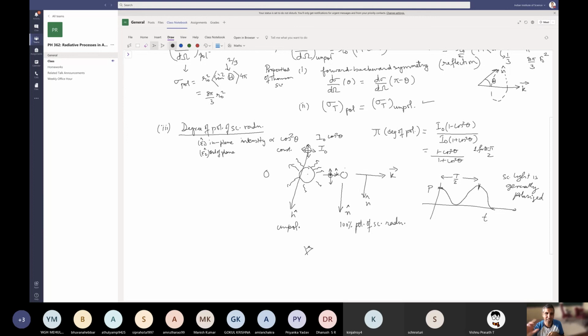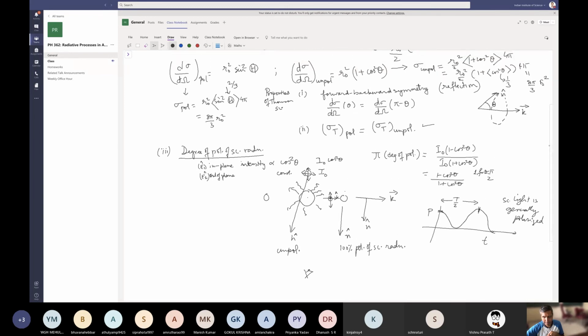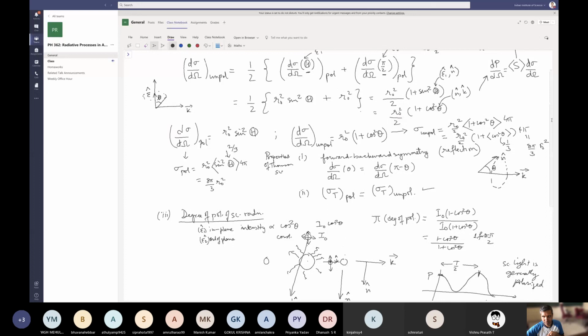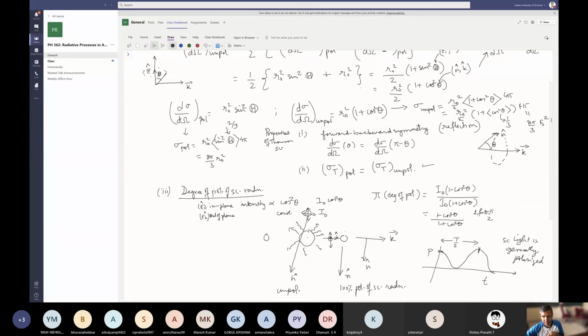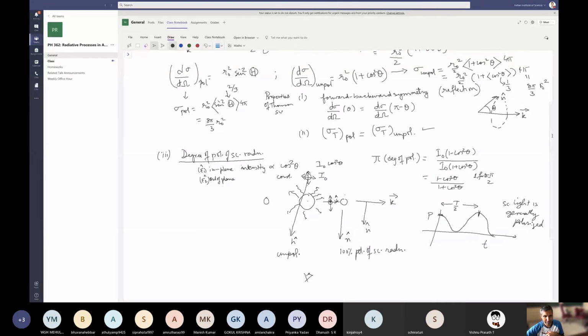It's because of the fact that the radiation due to acceleration along the line of sight is not seen. Is this clear? Scattering is actually a very, very important observational diagnostic too.